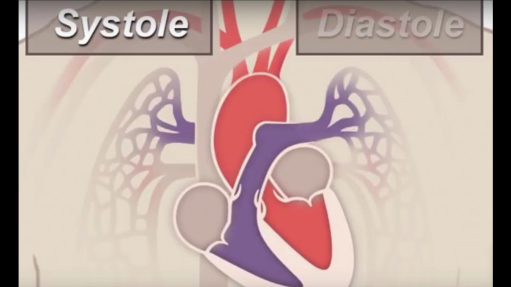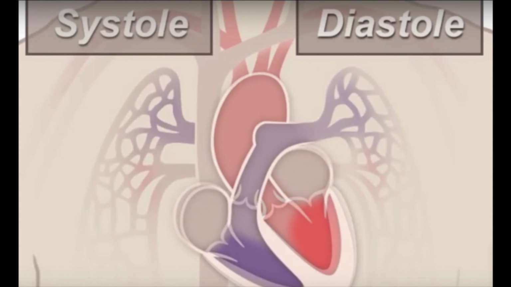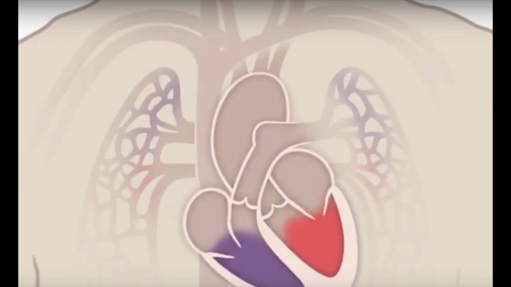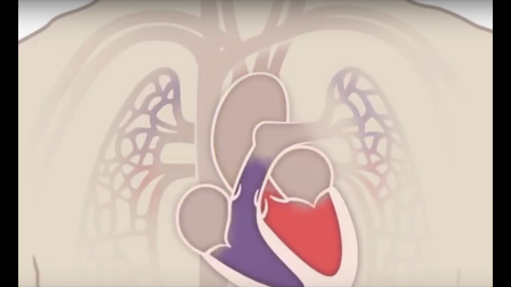During systole, the pulmonic and aortic valves open while the tricuspid valve and mitral valve close to avoid regurgitation. During diastole, the tricuspid valve and mitral valve open while the pulmonic and aortic valves close. Then the cycle starts over again.